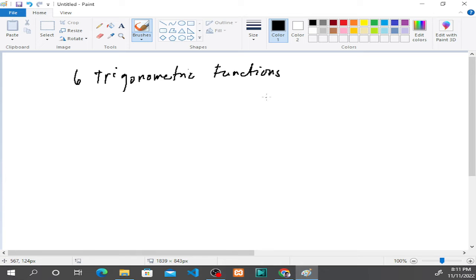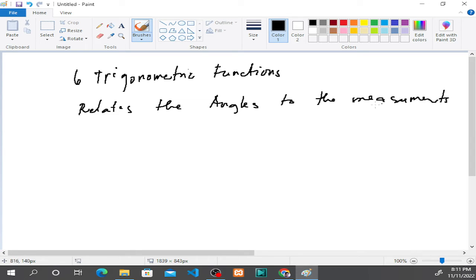The trigonometric functions relate the angles to the measurement of the sides of the triangle.